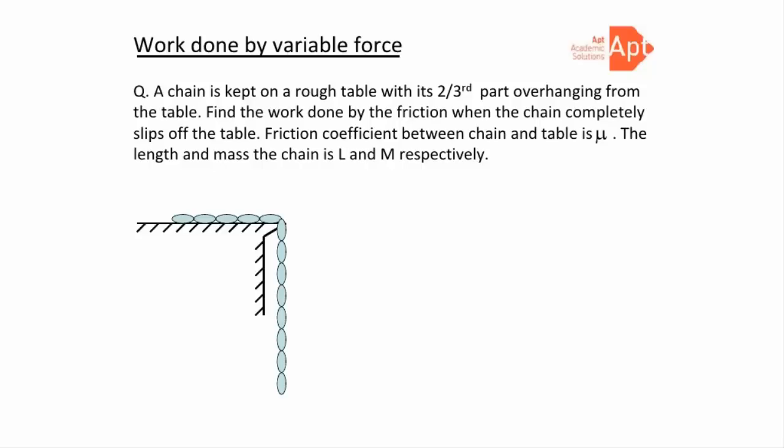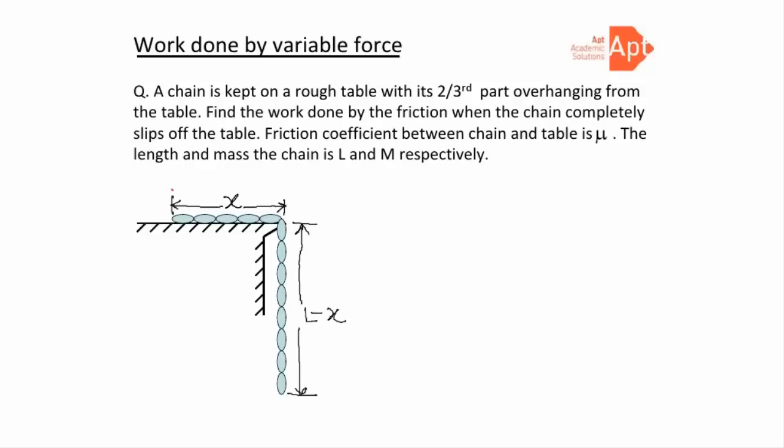Let's say at some instant the chain started from rest. At some instant, let's say that the part of chain which is on the table is x, and the part of chain which has fallen off, its length will be L minus x.